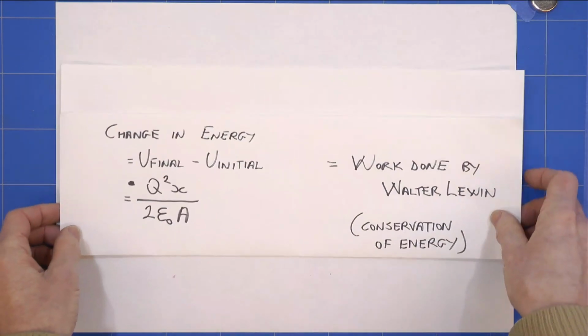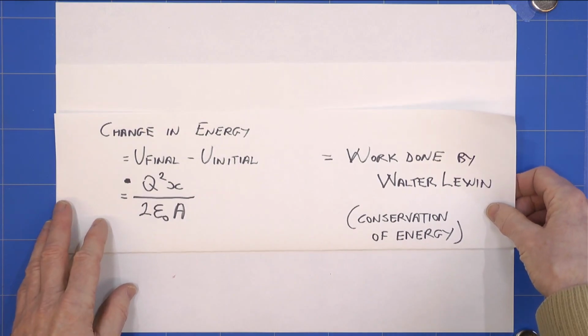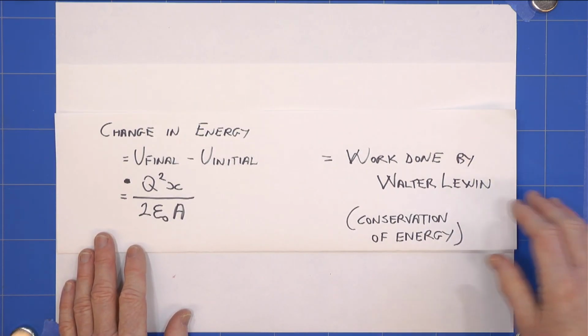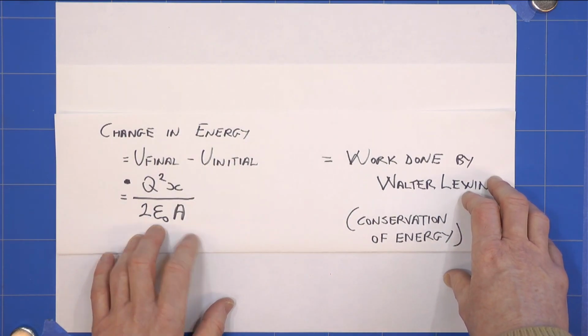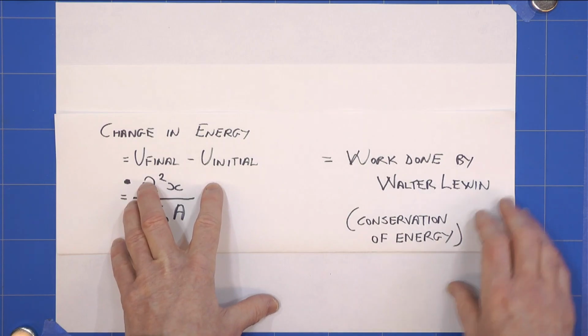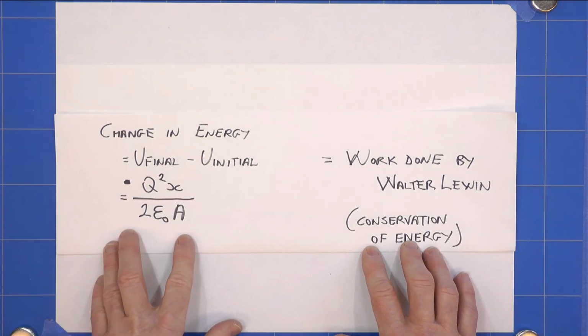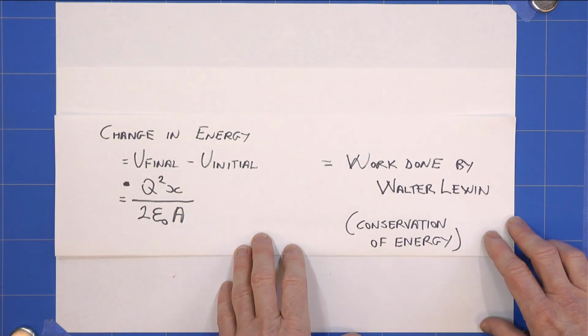Okay, so we can straight away solve the third and fourth parts of the problem. We can see that the change in energy of the system is final minus initial, because we have conservation of energy, and that's Q squared x over 2 epsilon naught A, which is equal to the work done by Walter Lewin.